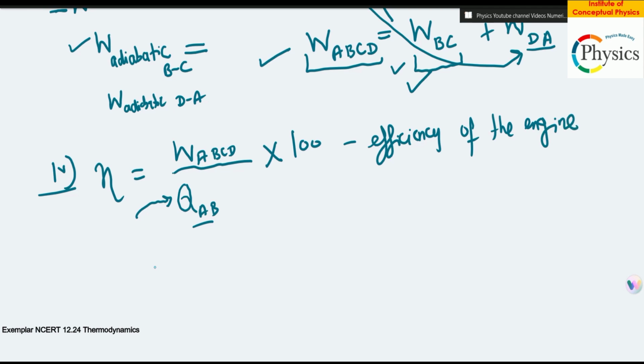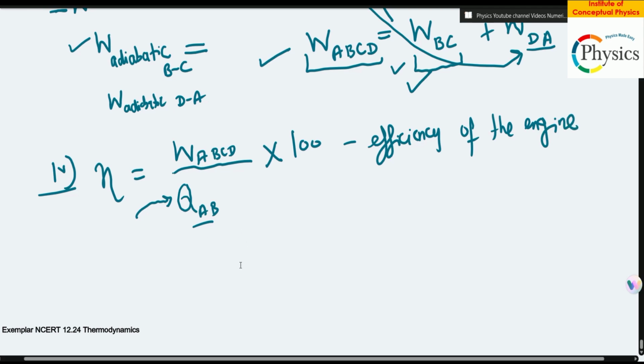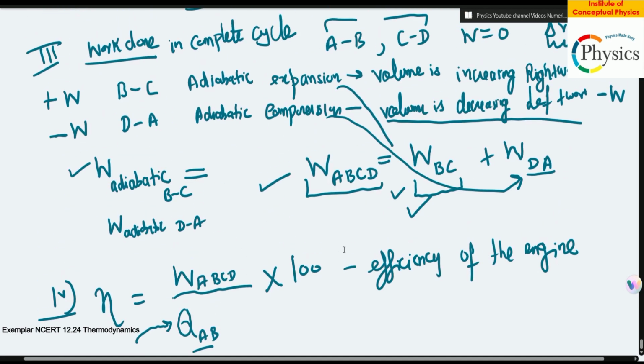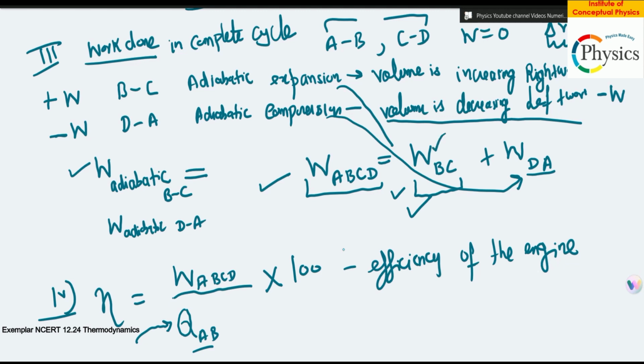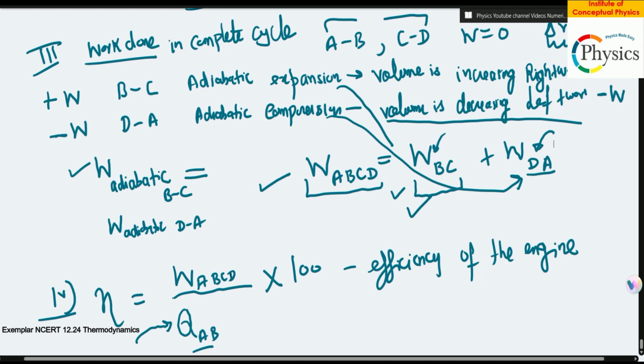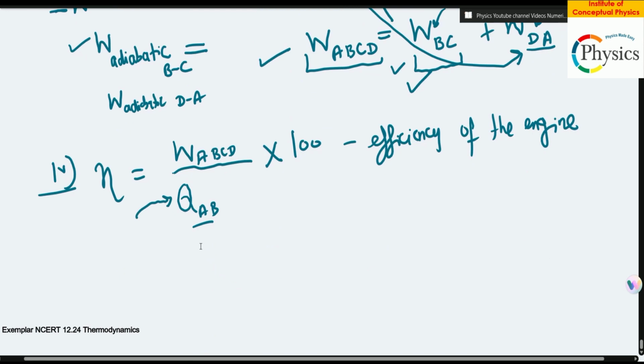What I will do now is straight away write the expressions for the work done in the adiabatic process BC and the adiabatic process DA. So I will add the two work dones, both adiabatic in nature, and divide by the heat, which is QAB, to find the efficiency.